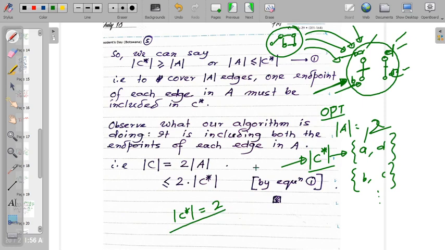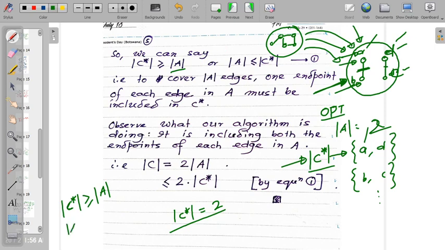So for the optimal algorithm, corresponding to each edge we have to take one vertex. So that's why I can say that the optimal algorithm should be greater than or equal to the cardinality of this set A. Or you can take exactly A, right?